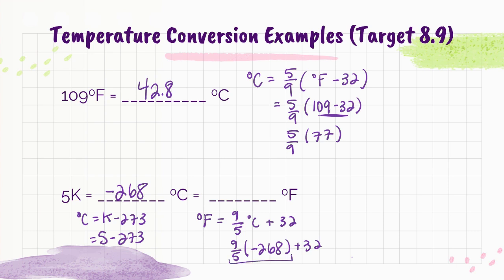So do this multiplication here. You have negative 482.4, and then you have to add on 32. So you should end up with negative 450.4.